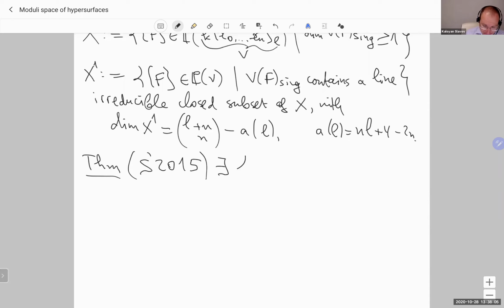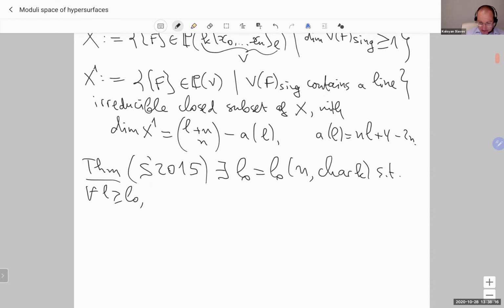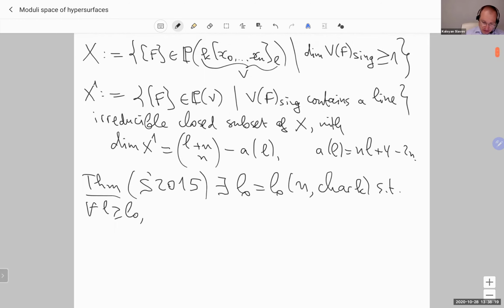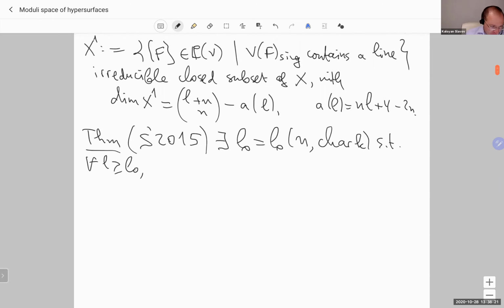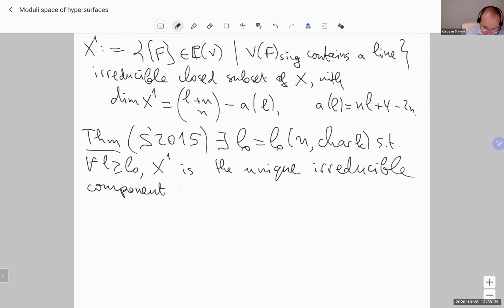There exists an L0, which depends on n and also on the characteristic of the field, such that for all L greater than or equal to L0, remember L is the degree of the hypersurfaces that we're considering, for all such L, X1 is the unique irreducible component of X of maximal dimension.